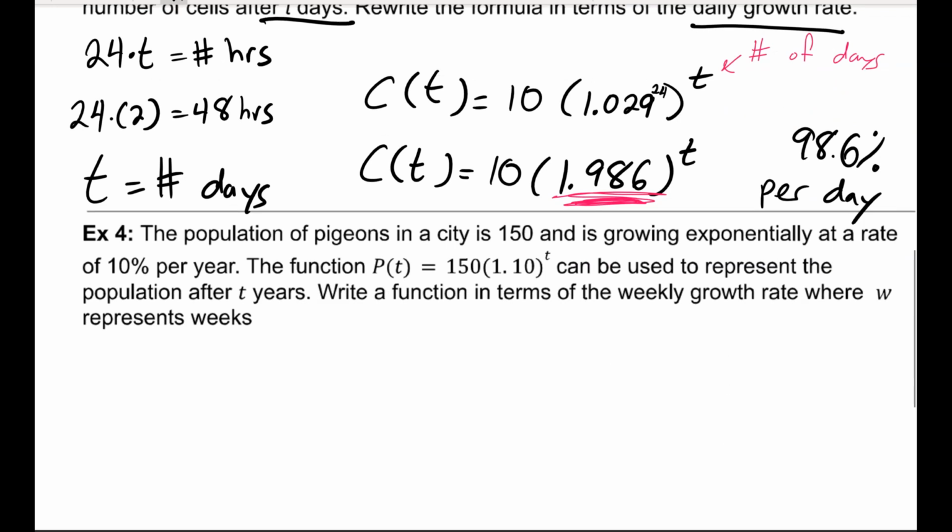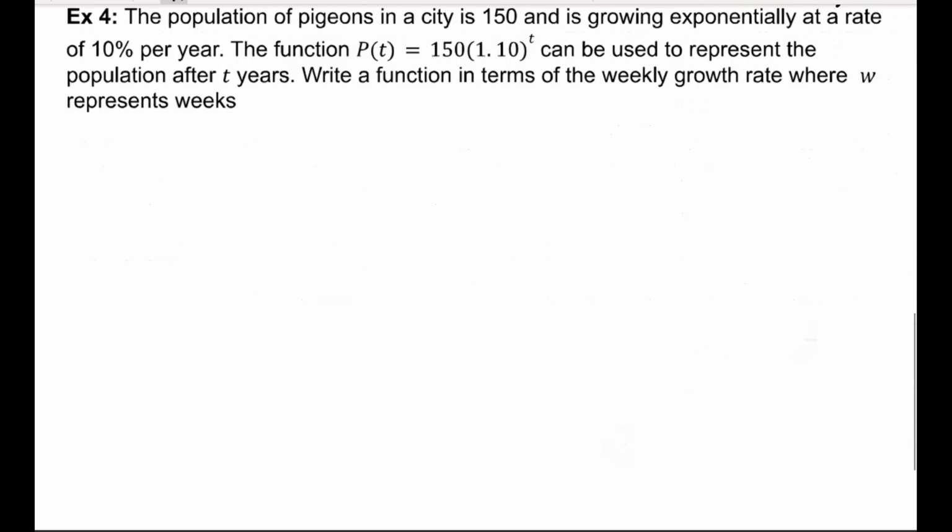The last scenario is something that looks like exercise 4. Again, where they've given us an equation already. It says the population of pigeons in a city is 150 and is growing exponentially at a rate of 10% per year, and they set up the function for us, again where t is in years.